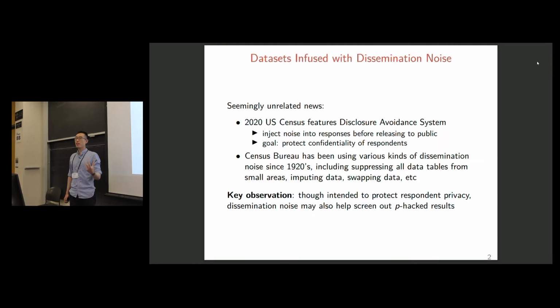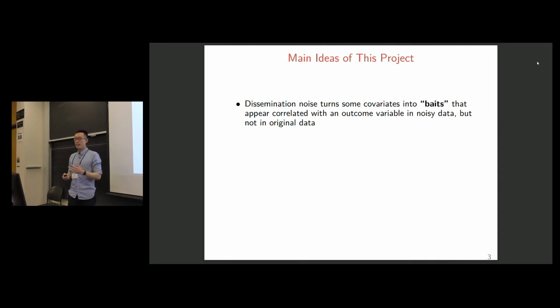The key observation that we make in this paper is that even though this kind of noise is intended to protect respondent privacy, it can actually be repurposed for the additional purpose of screening out such p-hacked results. The key idea is that the dissemination noise will turn some covariates into quote-unquote baits, which appear correlated with an outcome variable in the noisy data, but not in the original data.